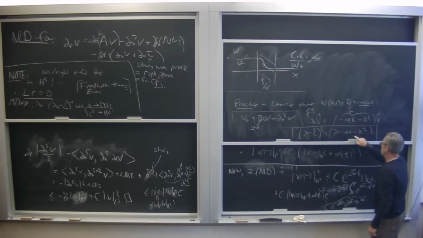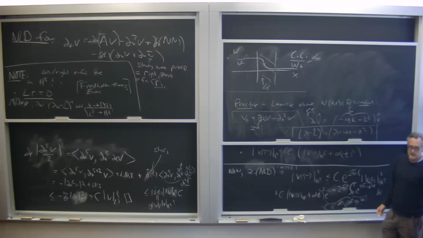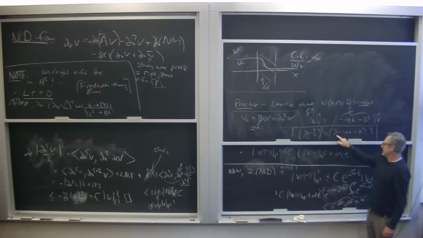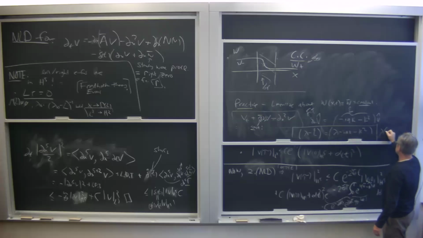This is all a scalar expression. The inverse is 1 over this, and it exists and is bounded if and only if lambda is not in lambda of ik, which is iak minus negative iak minus k squared.